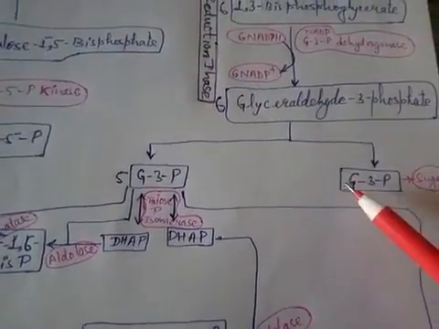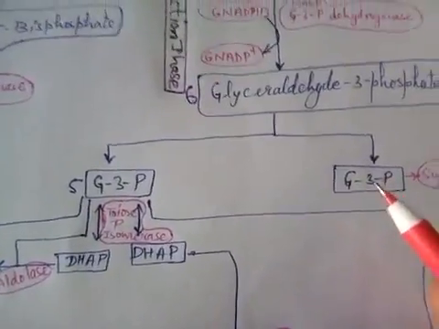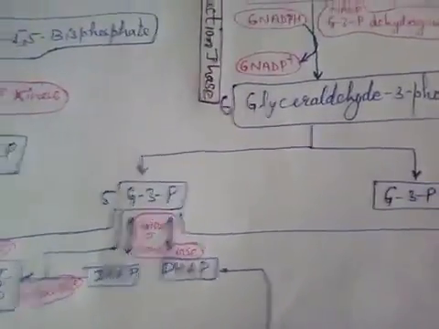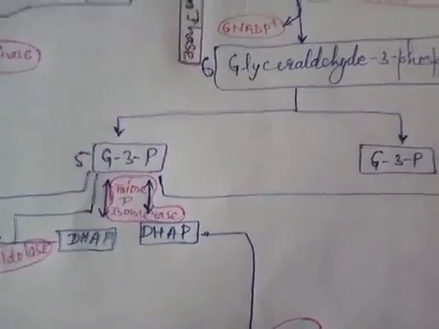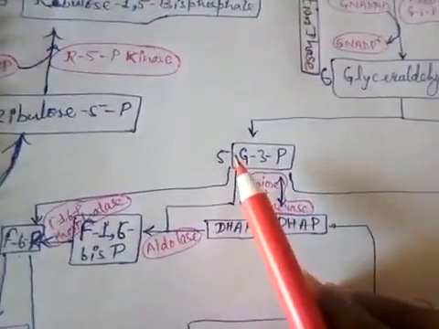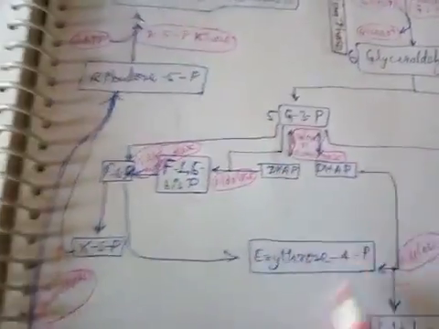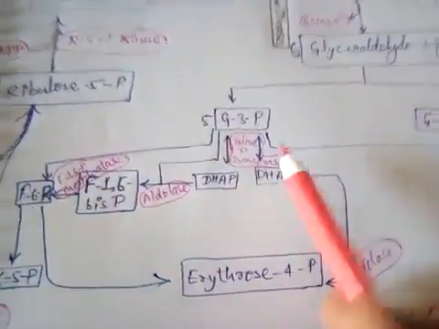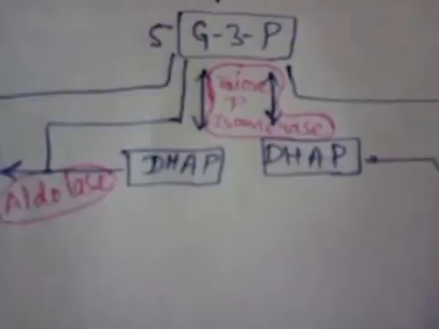This one molecule is condensed into the glucose form, and the rest of the 5 are regenerated into RuBP in a stepwise manner. Let's see how.